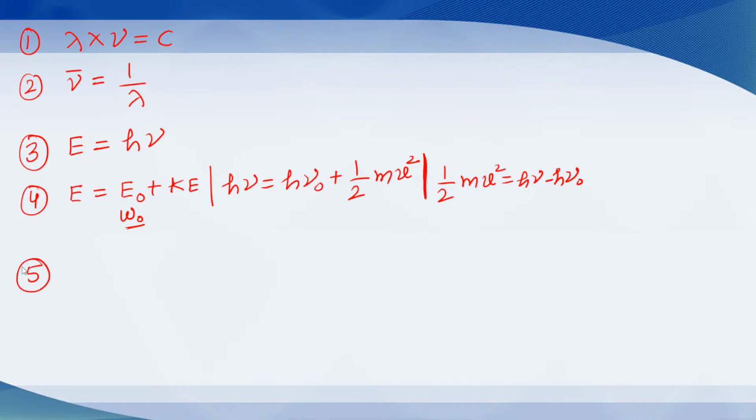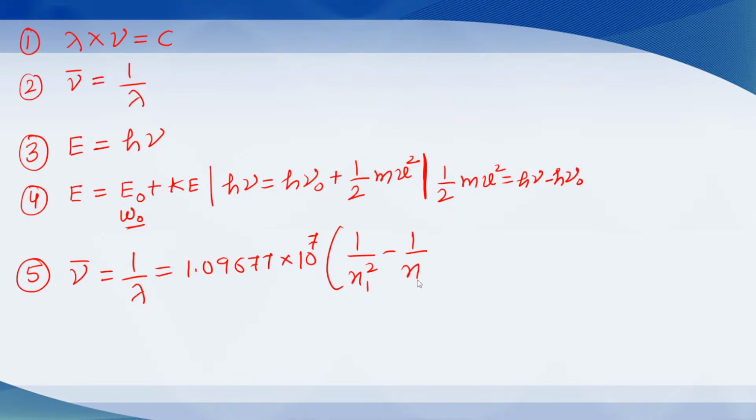Then we have wave number, that is equal to 1 upon lambda, that we have done today as well, 1.09677 into 10 raised to power 7 into 1 upon n1 square minus 1 upon n2 square for hydrogen atom in per meter. In per centimeter it becomes 10 raised to power 5.